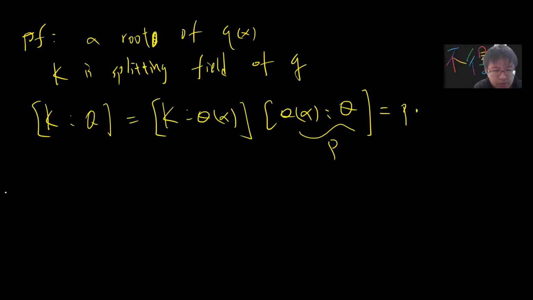So p times something, which proves that p divides [K:Q]. This means the Galois group has order divisible by p.